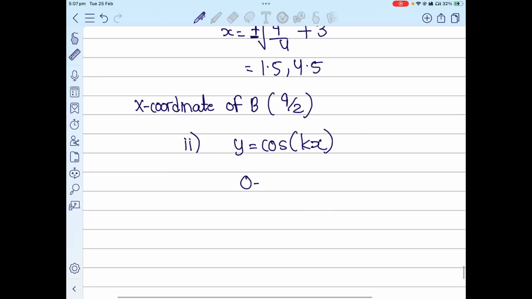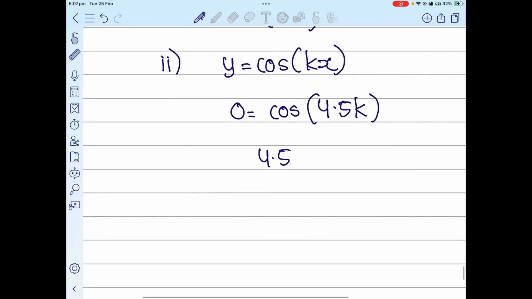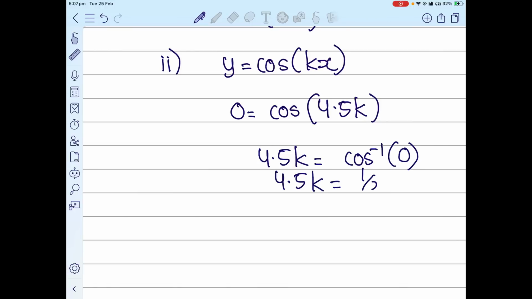So 0 is equal to cos of 4.5 times k. In order to find 4.5k, I would do cos inverse of 0. Cos inverse of 0 in terms of pi is going to be 0.5 pi. So 4.5k is equivalent to half pi.